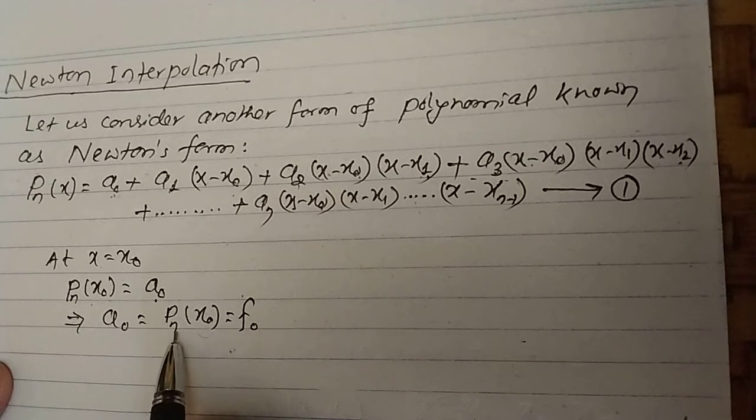This is the polynomial or the function at x0. Function at x0 is f0. That will be given in the table. So we calculated a0.